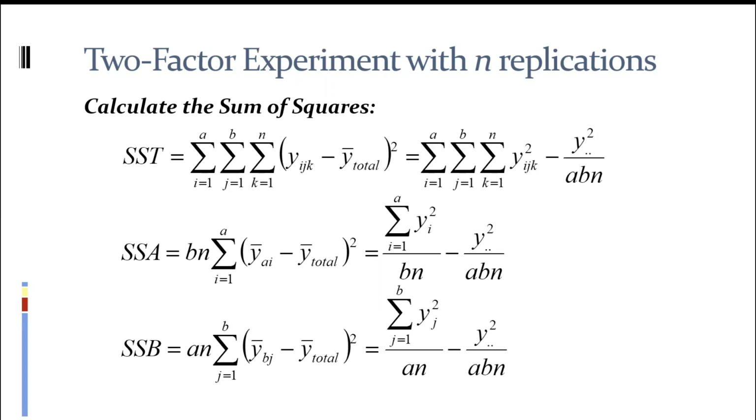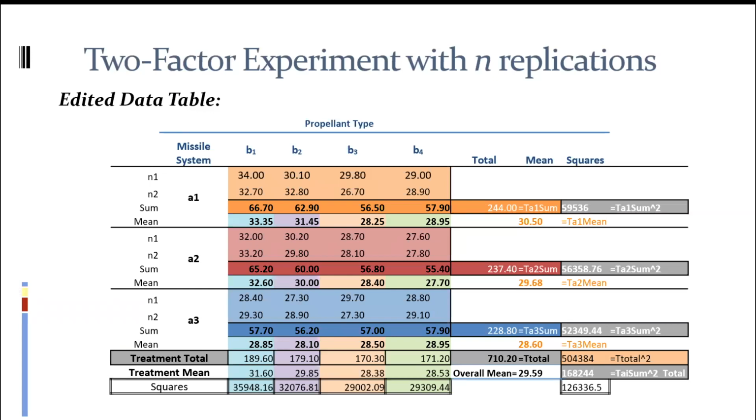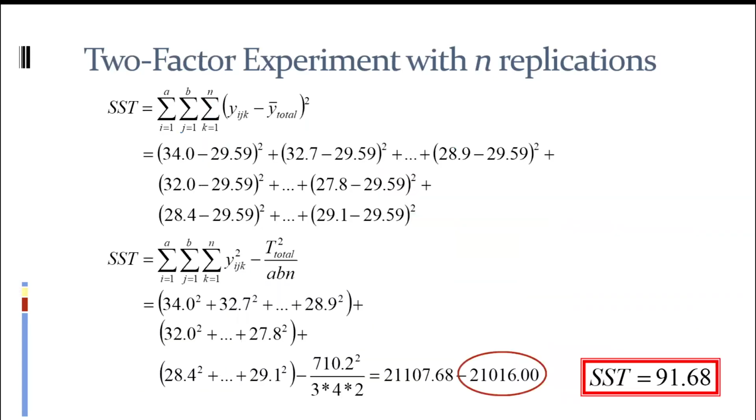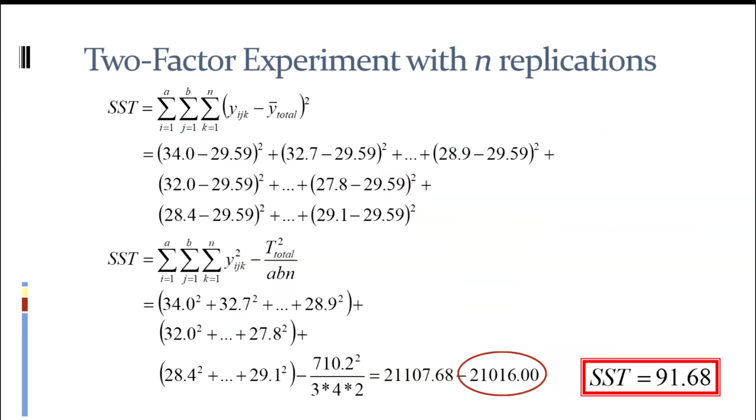Now, si SSA naman, SSA is taken as yung sum ng lahat ng observations that is under each grouping of A. So, ibig sabihin, if we look at an example, no, if you want to take SSA, then what we have to do is kailangan i-add natin lahat ng per column, kasi si A natin naka-arrange sa per row pala, sorry.